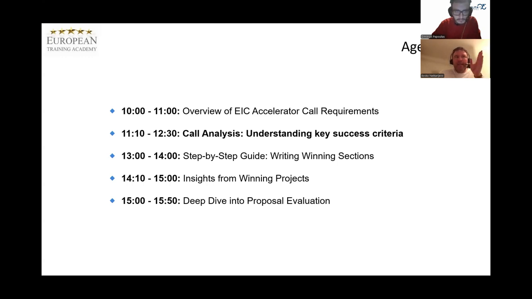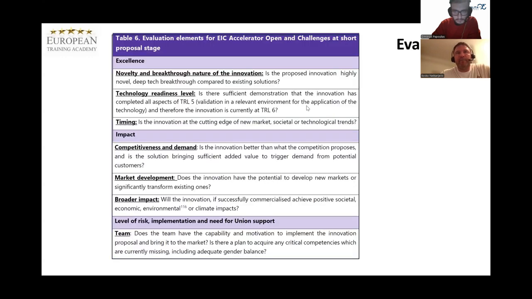Then what are the requirements within the application? What are the questions we need to answer? And third is our variables, what are the evaluation criteria. So those are the success factors.